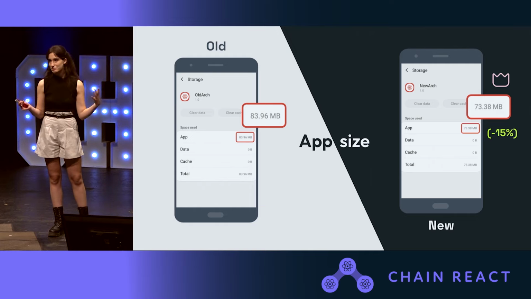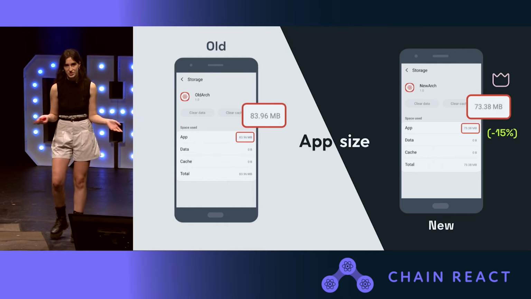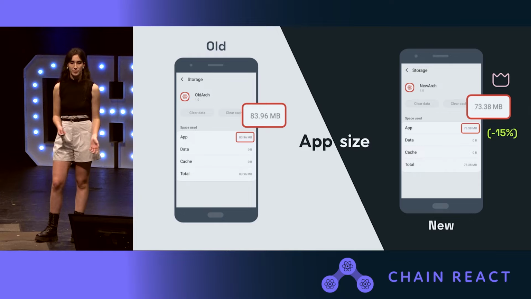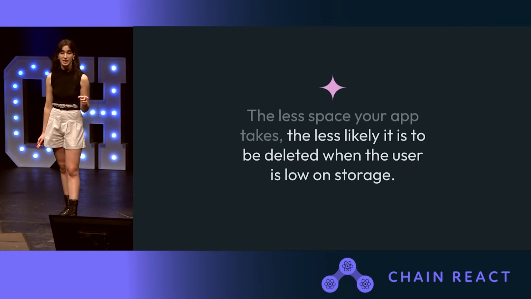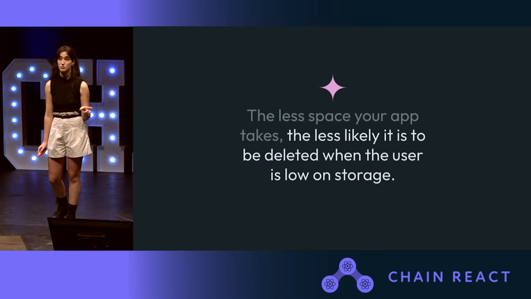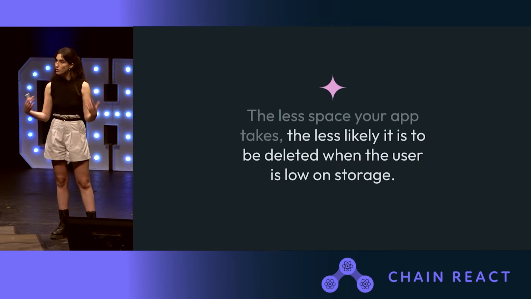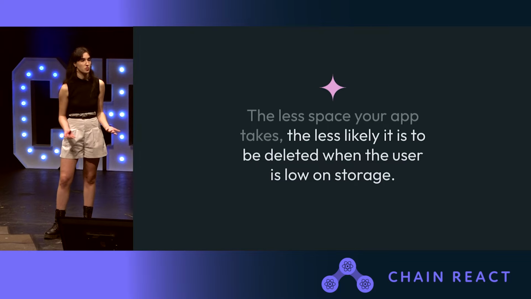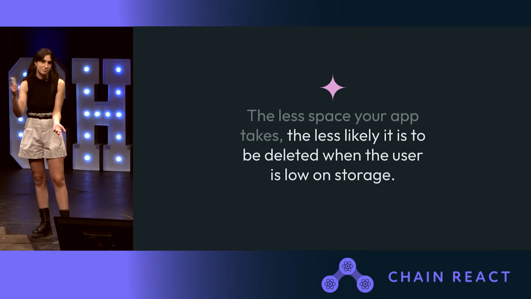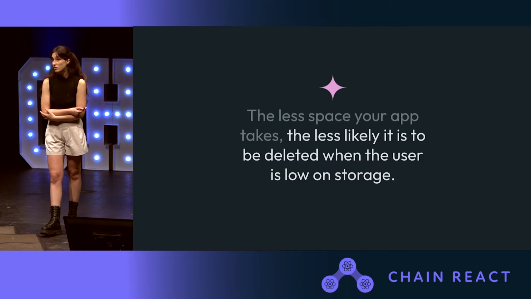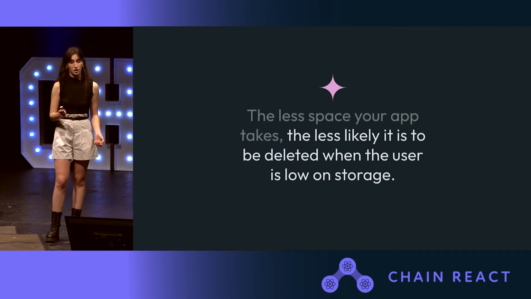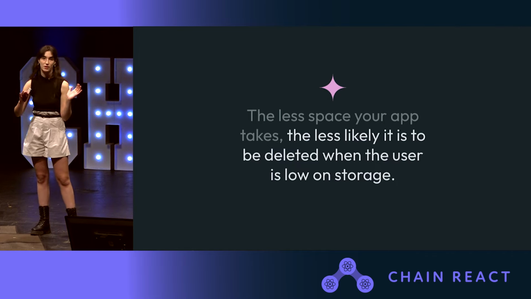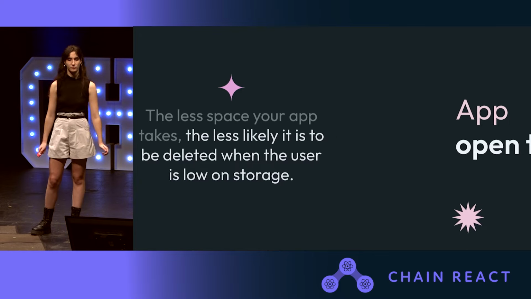You may say, well, 10 megabytes is not a lot, but it is a nice addition. Remember that the less space your app takes, the less likely it is to be deleted when the user is low on storage. When you're low on storage, what do you do? You go into your applications, you sort them by size, and you start deleting. And I assume that you don't want your users doing that. So it is a nice addition to have apps that have a lower size.